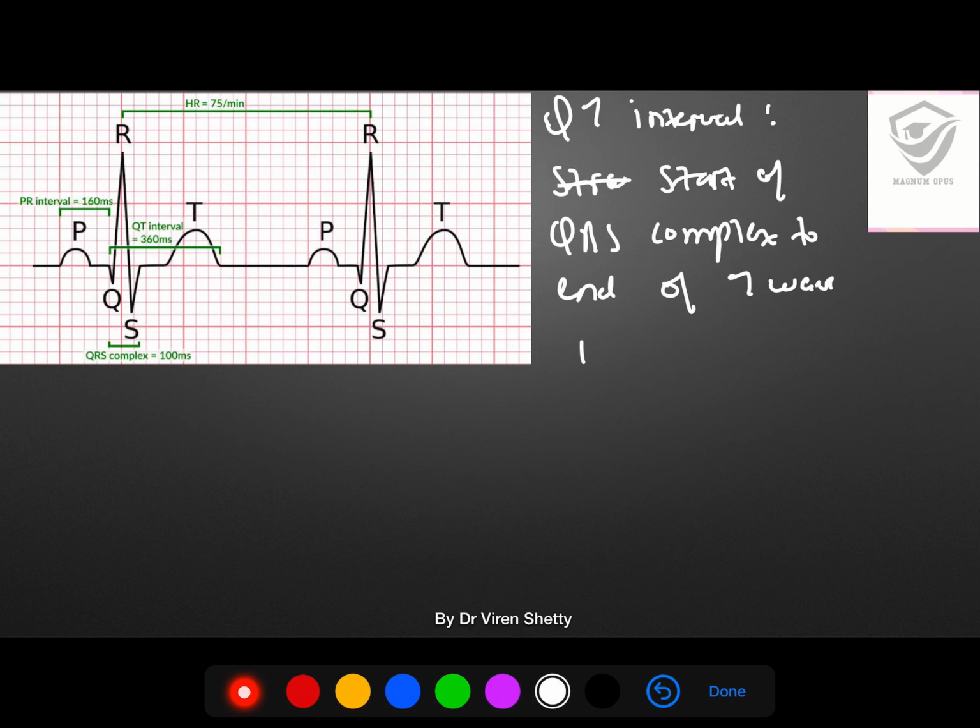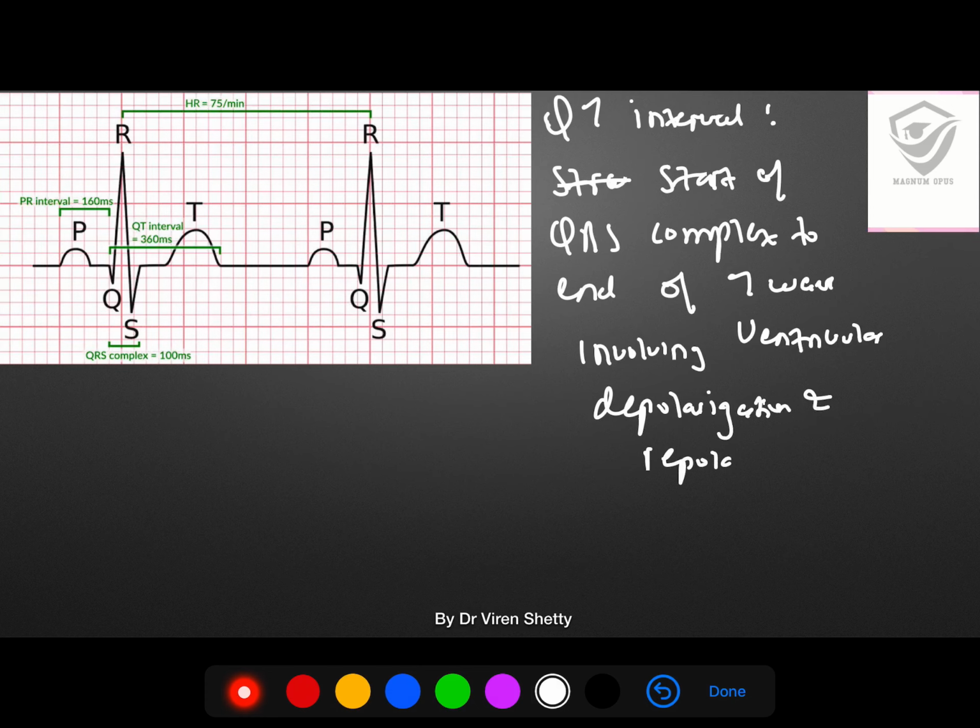So it is basically involving ventricular depolarization and ventricular repolarization. It is including these two things. Now just a fact to mention, you must know about this, because it is a bit difficult concept, so I don't think an MCQ will come, but knowing this concept can help you to solve it if an MCQ comes.